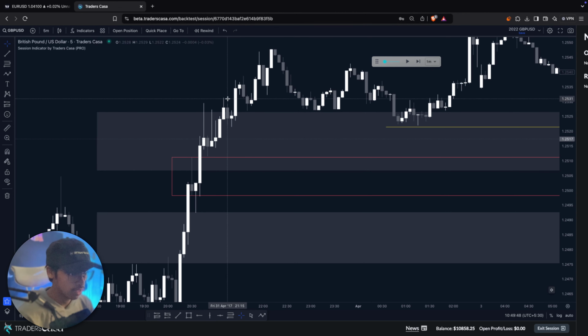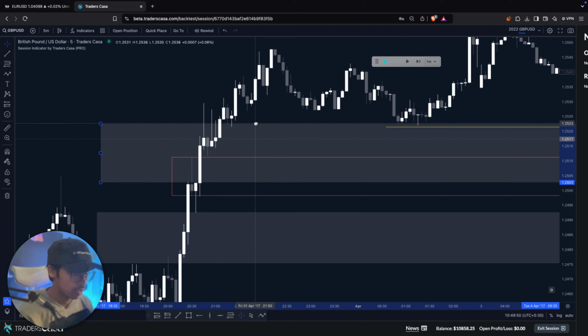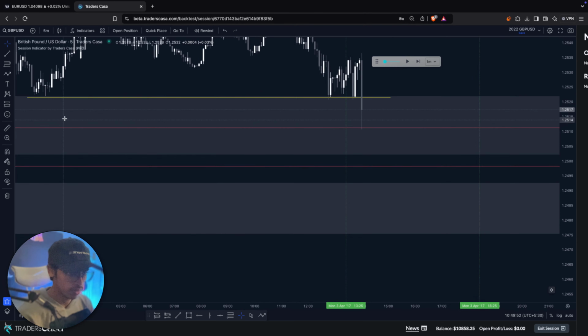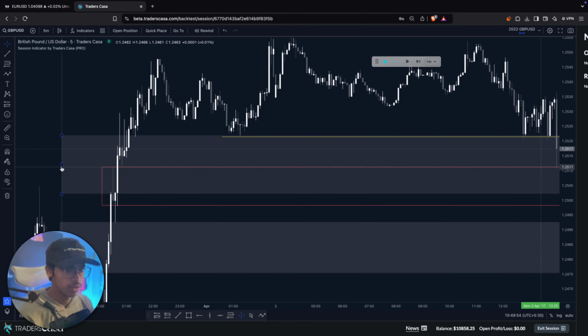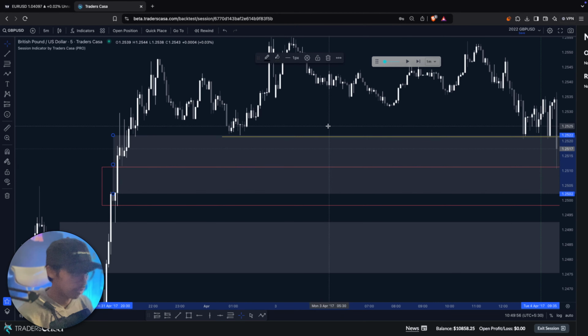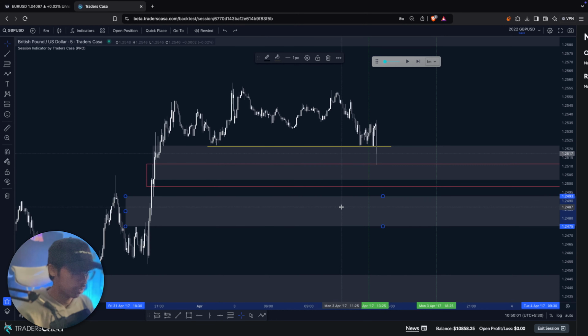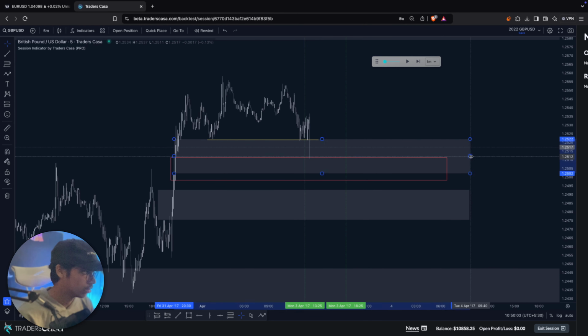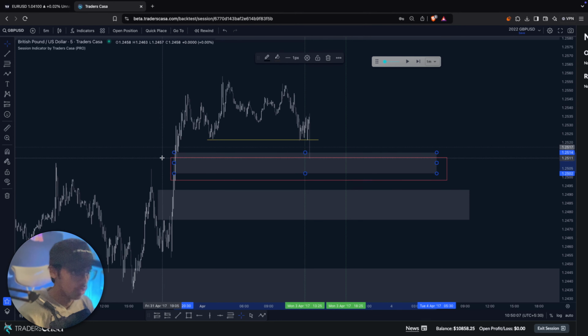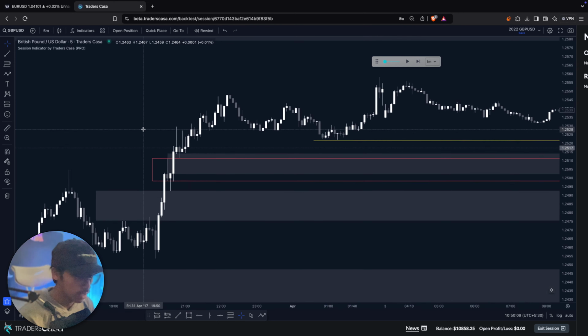So instead of taking this higher time frame fair value gap, let's now consider this lower time frame fair value gap. Okay, we are going shorter and shorter on very small time frames, right? I think it's fine now, right? Order block plus fair value gap.